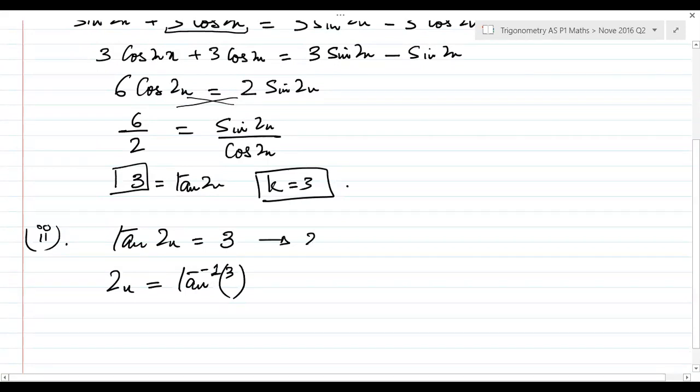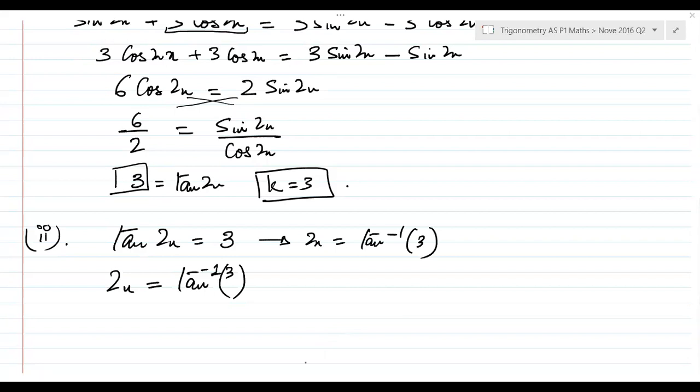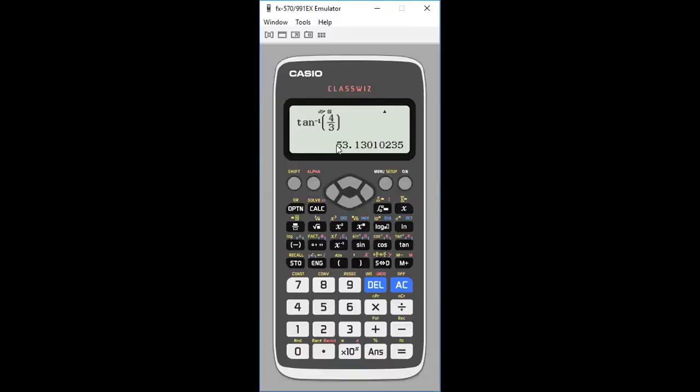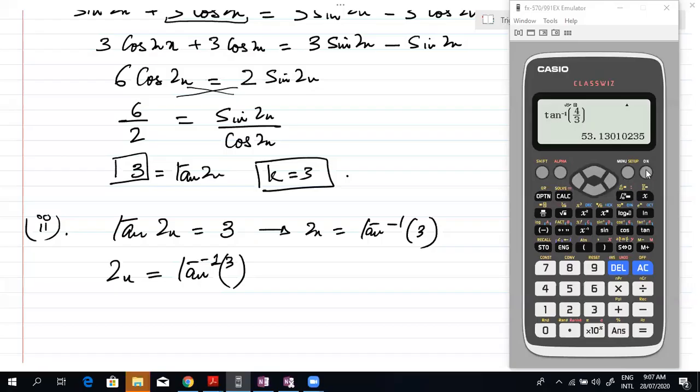So we have 2x is equal to, we take tan on the other side, we get tan inverse of 3. And tan inverse of 3 on the calculator, we can quickly do this. This has to be in degree mode, not radian mode. We need to check.